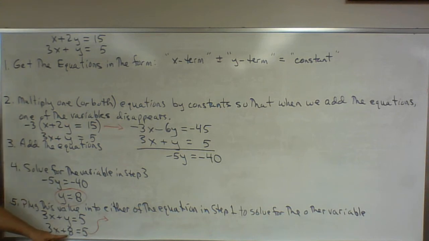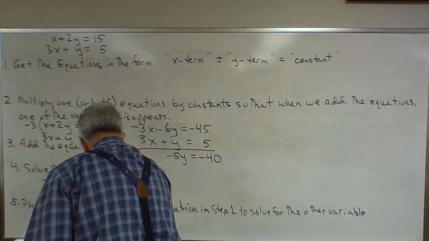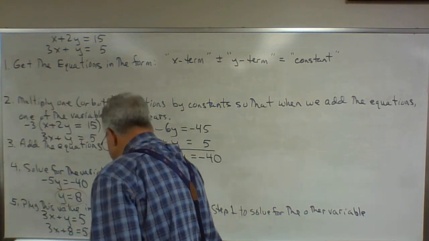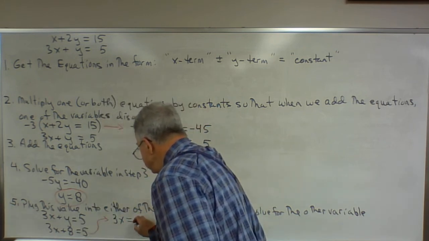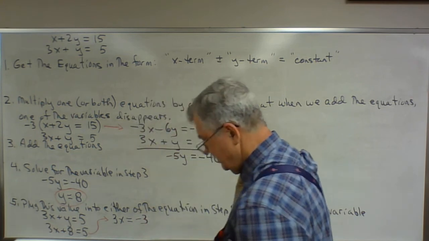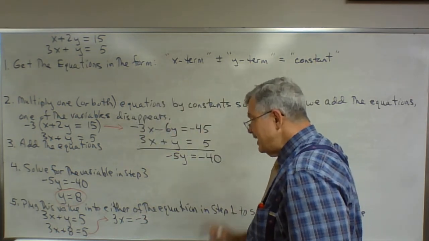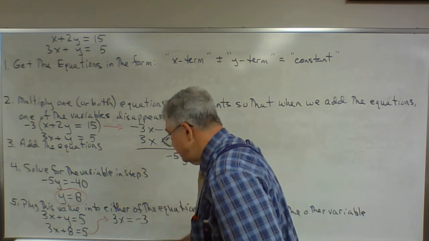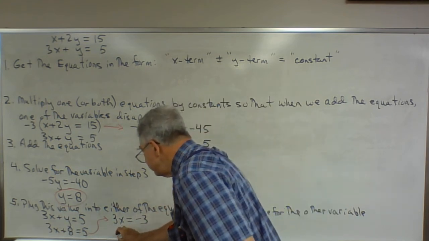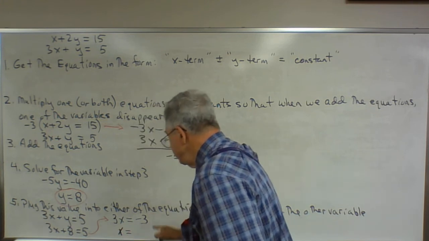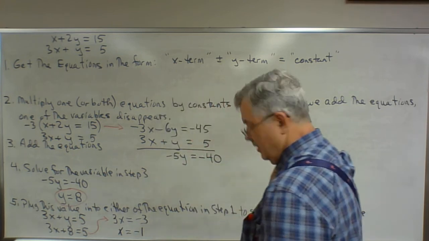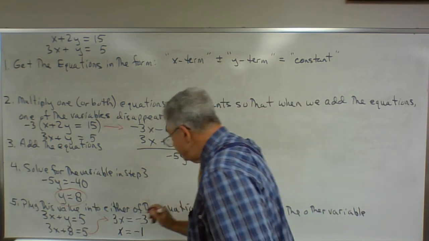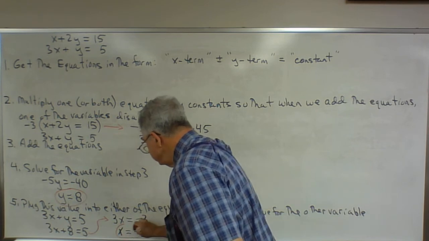If I subtract 8 from the left side, I have 3x. If I subtract 8 from the right side, 5 minus 8, negative 3. And to get x, I'll divide both sides by 3. 3x divided by 3 is x. Negative 3 divided by 3 is negative 1. Okay. This is our tentative or prospective solution.